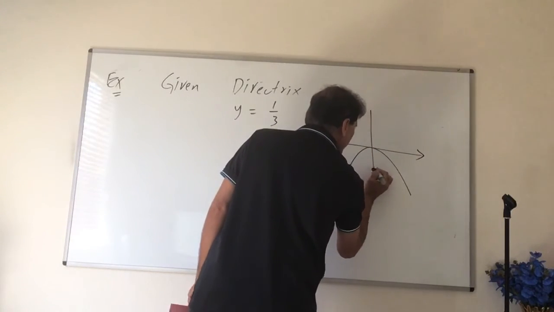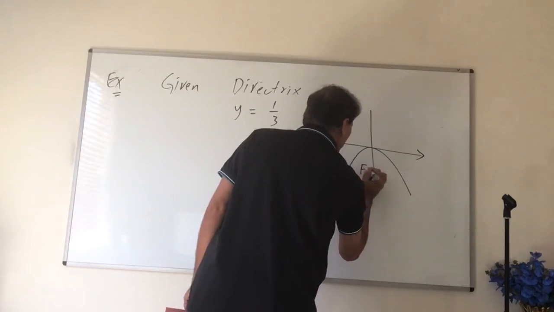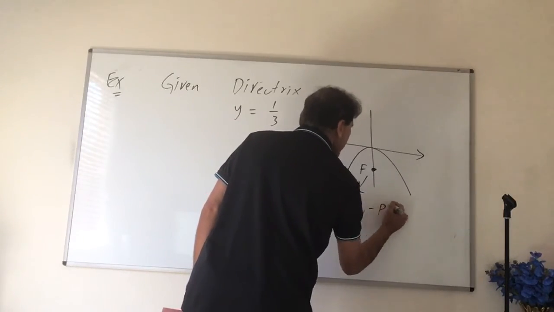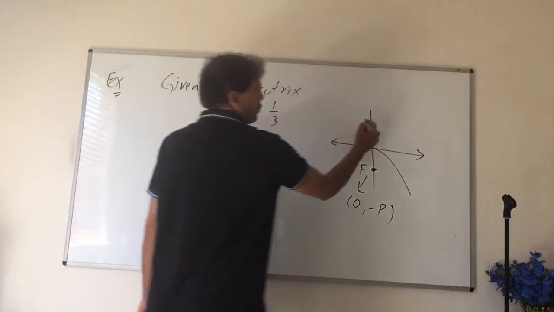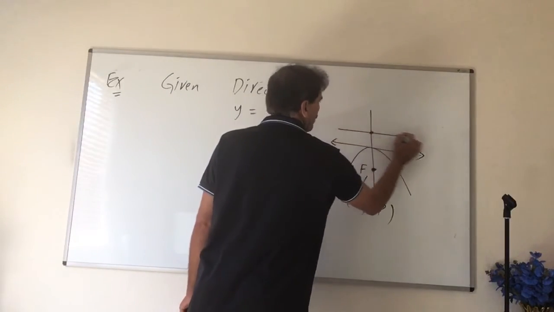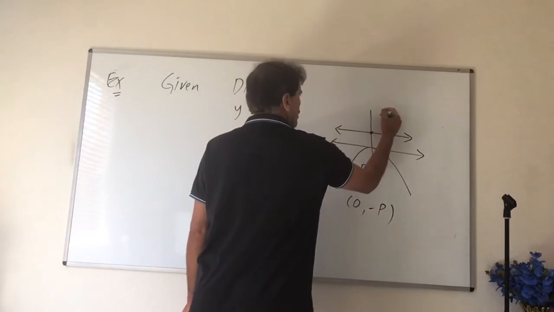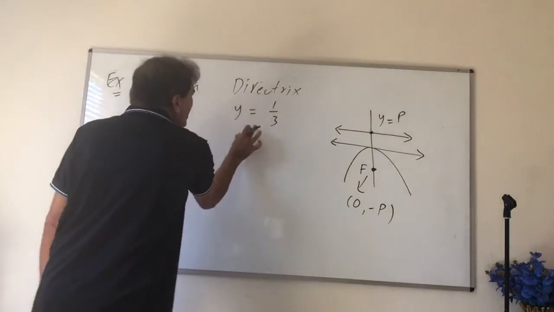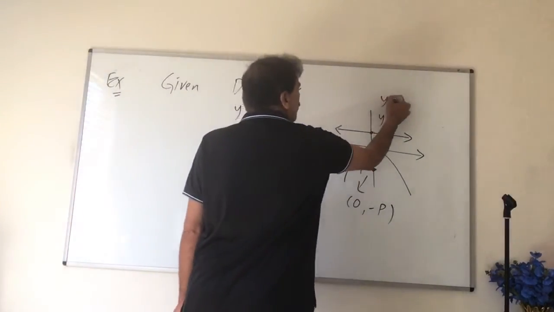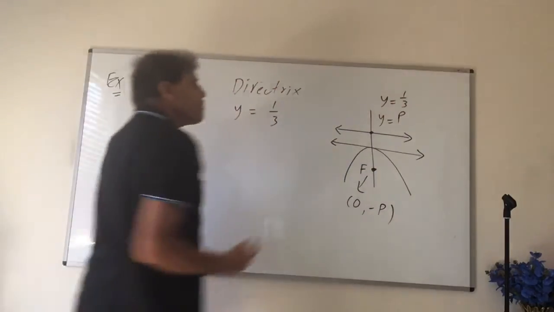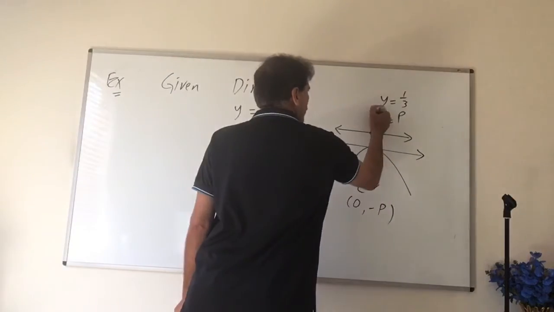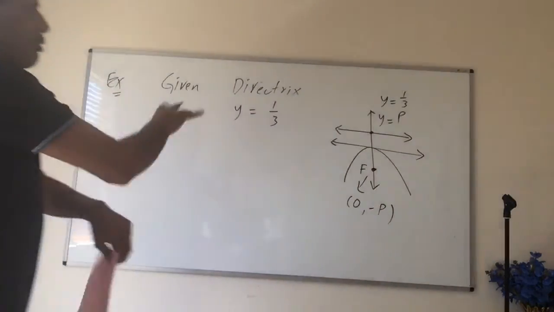So this is the focus point here. The coordinate here is 0 comma negative p. That's the y-axis. So this point here is the vertex, y equals p. So this basically is p, y equals 1 over 3. So p is given. That's what we have in graphic format.